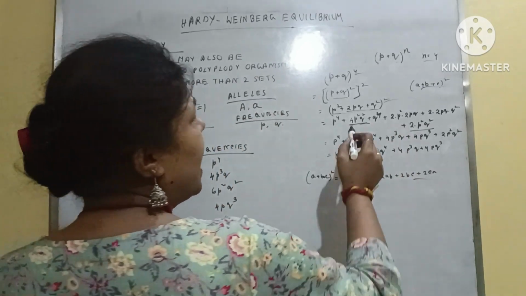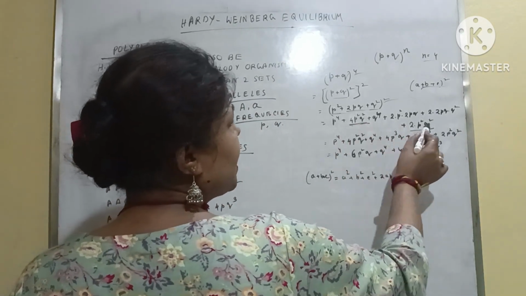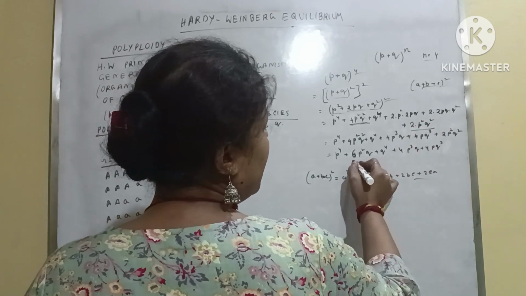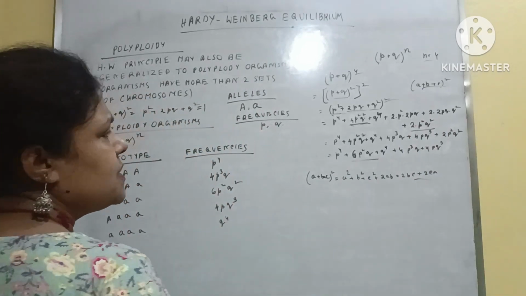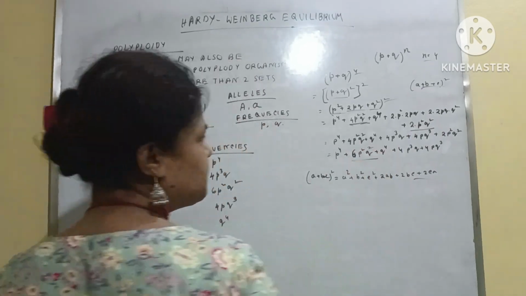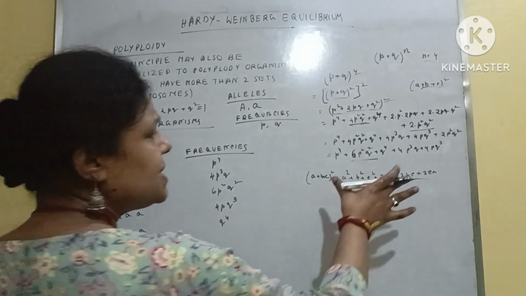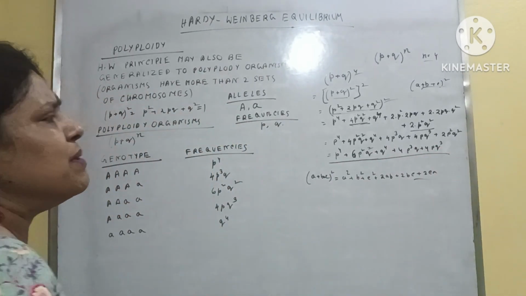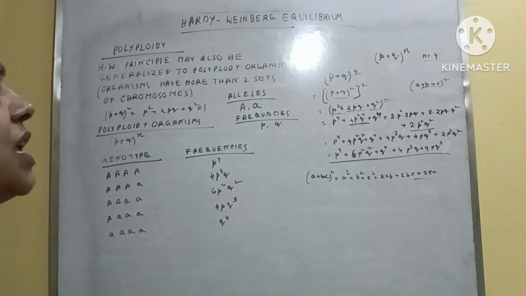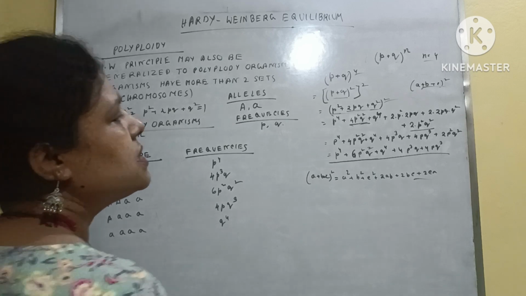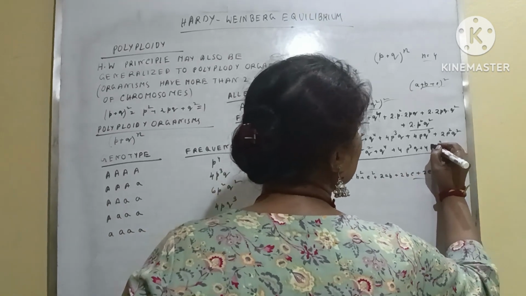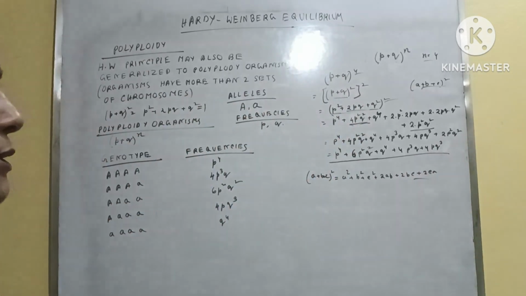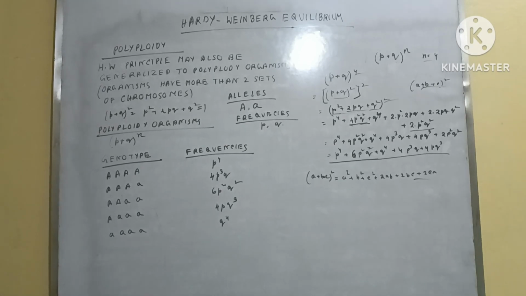I have added this one and this one, so I will get the value 6p square q square. So the final value is p4 plus 6p square q square plus q4 plus 4p cube q plus 4p q cube. All p and q are small letters, not capital.